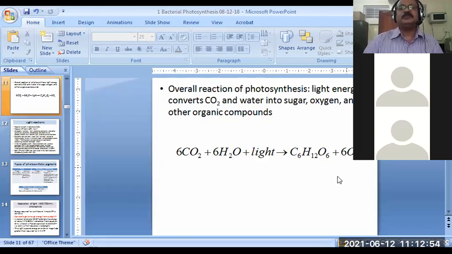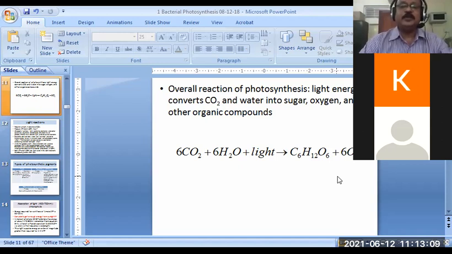Where is the oxygen coming from? From H2O. Oxygen is coming not from CO2, but from H2O. We are going to see a little later the detailed process of how the oxygen is evolved, but that is later.